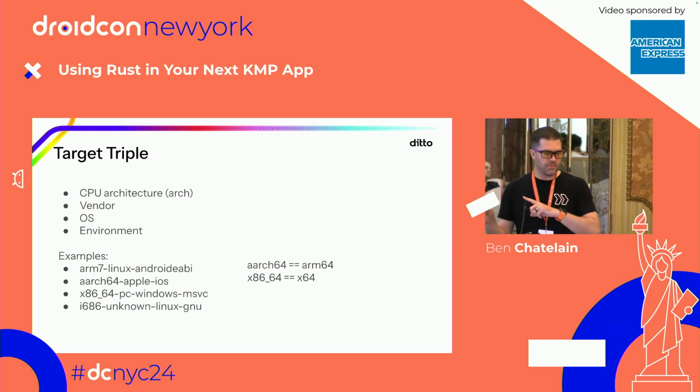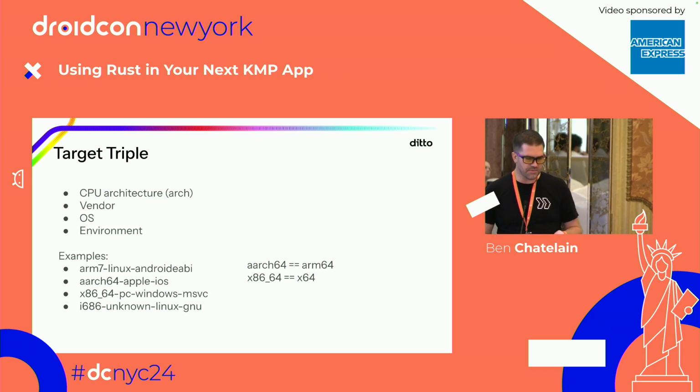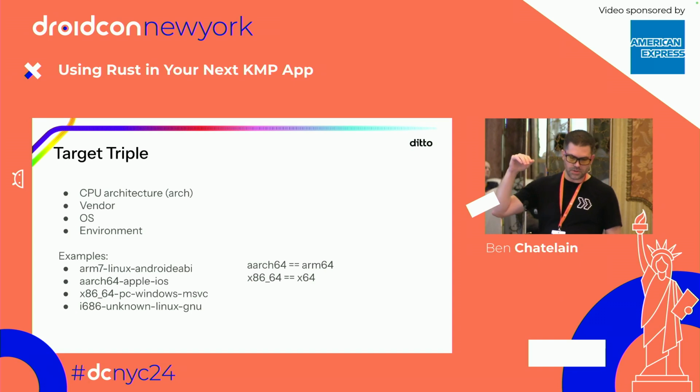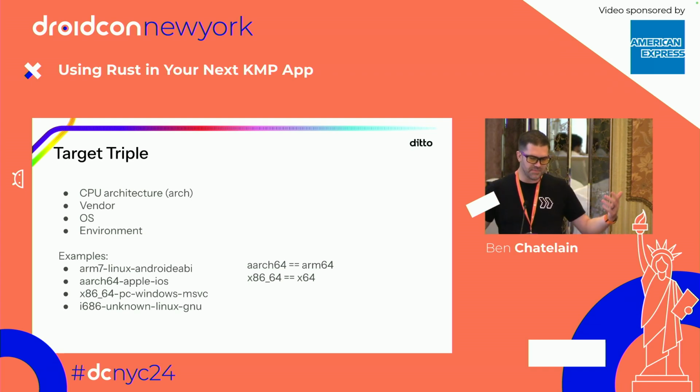Okay, and another term I want to mention is a target triple. This is very similar to ABI, but this is Rust and Linux parlance for the platform that you're compiling for. This includes 3 parts, except sometimes 4: CPU architecture, often just abbreviated as arch, the vendor, the OS, and that 4th one that sometimes pops in is the environment.